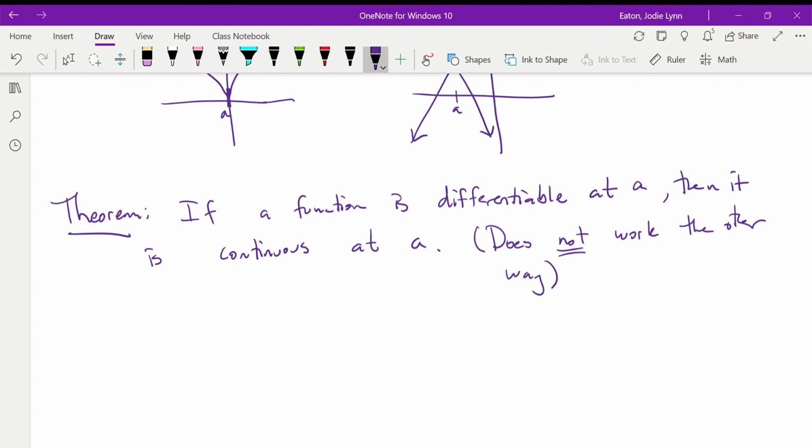So if it's differentiable at A, then it's continuous.